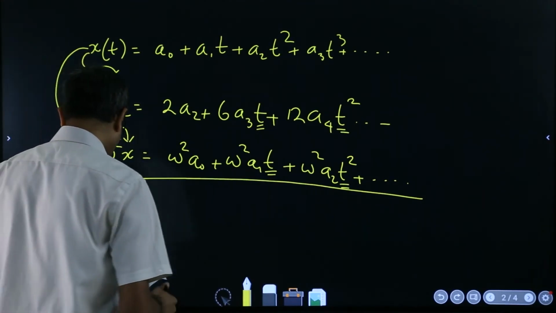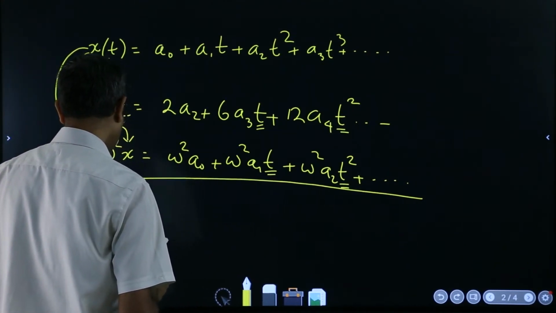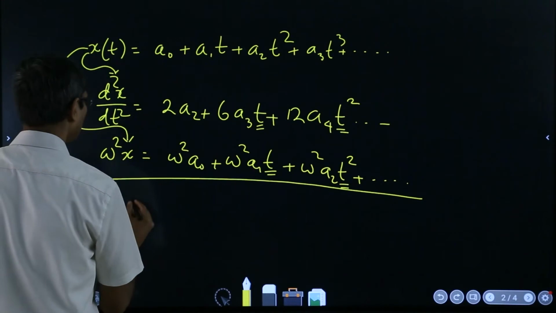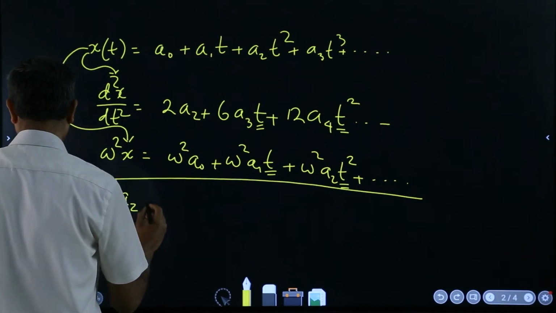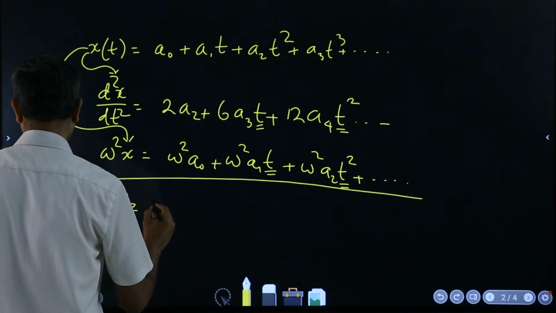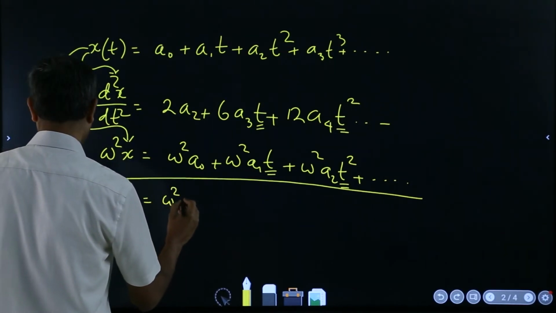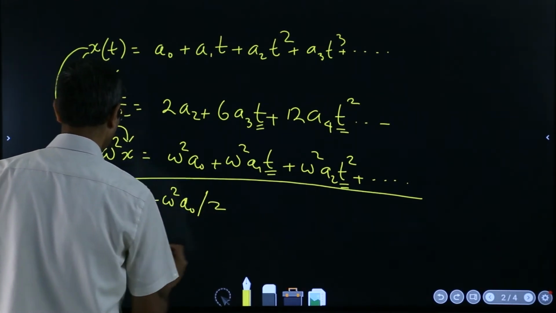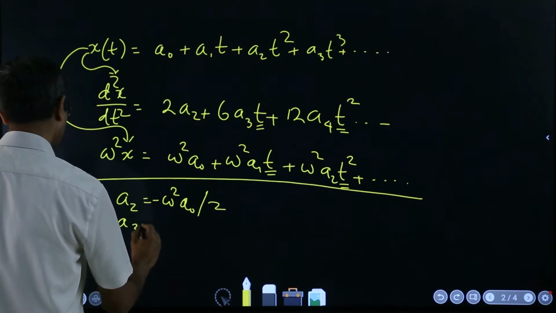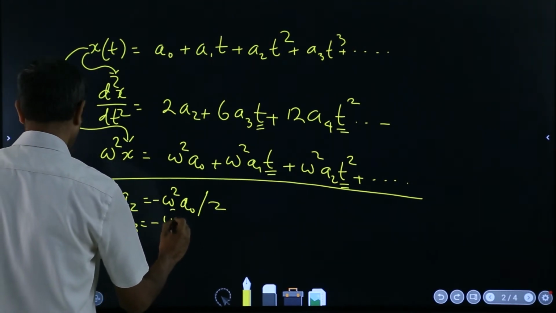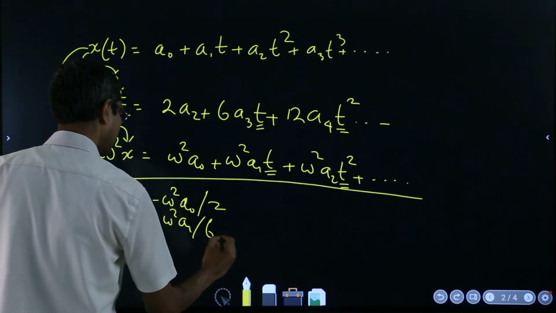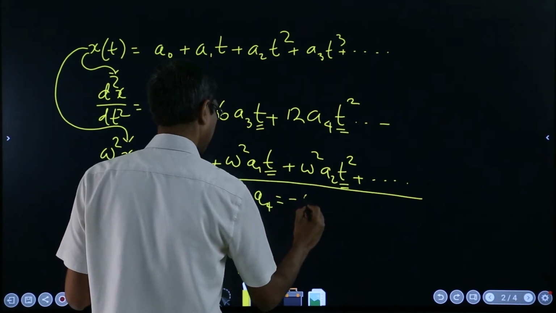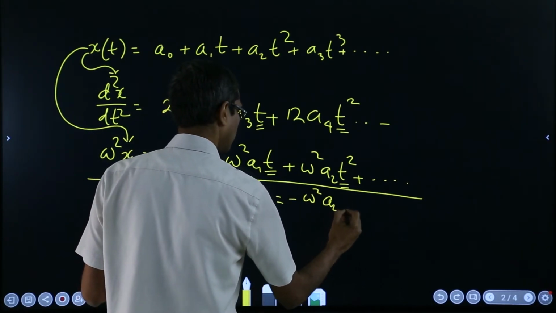If you do that, you will get a2 equal to negative omega squared a0 over 2. Similarly a3 you will get as negative omega squared a1 over 6. Then a4 is negative omega squared a2 over 12.